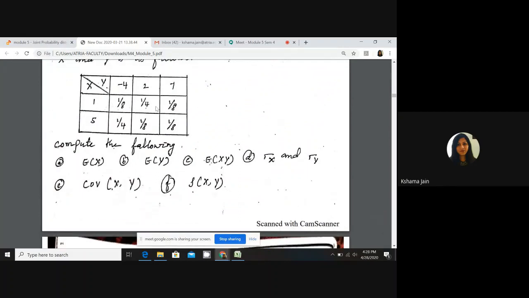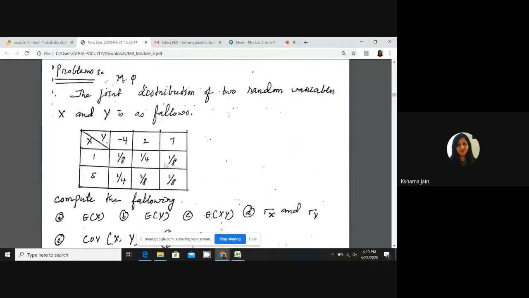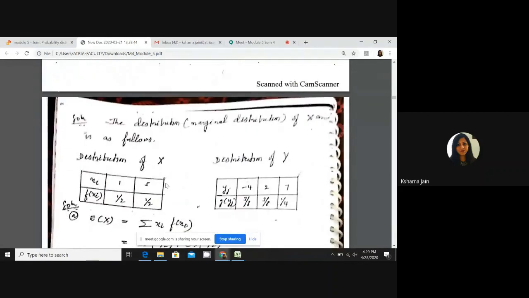For this you will add all the elements of row 1. So 1 by 8 plus 1 by 4 plus 1 by 8 will be 1 plus 2 plus 1, that is 4 by 8, that is 1 by 2. 1 by 2 you will write in the marginal probability distributions. This was the given joint distribution, and you will take the marginal distribution. So these are the marginal distributions.